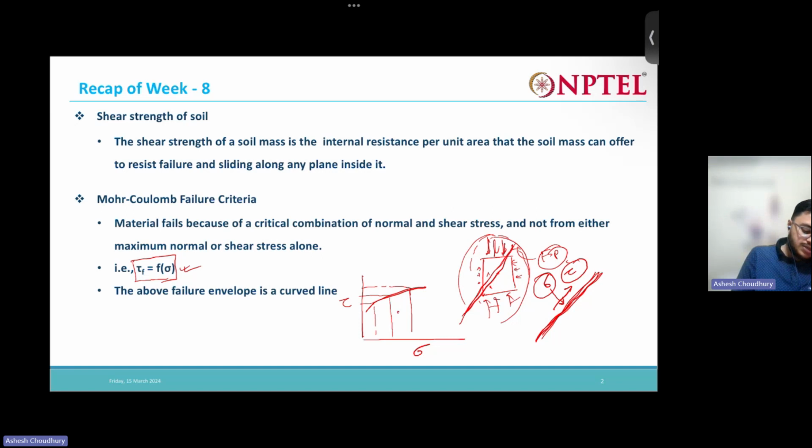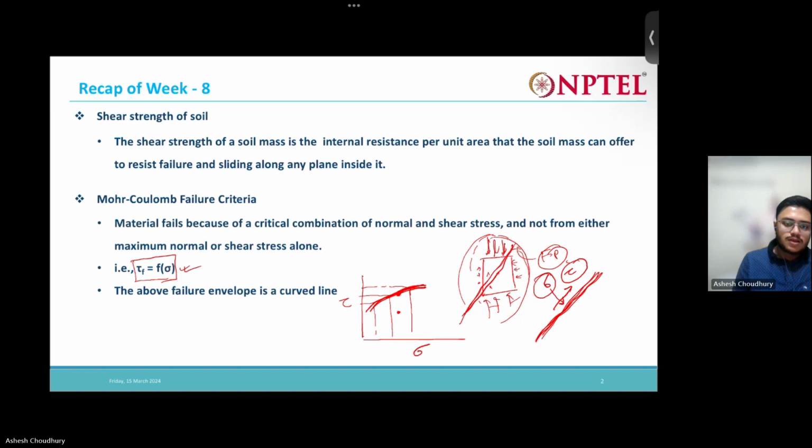If we have a combination inside, the soil won't fail. But any loading combination that falls on this curve will lead to failure.